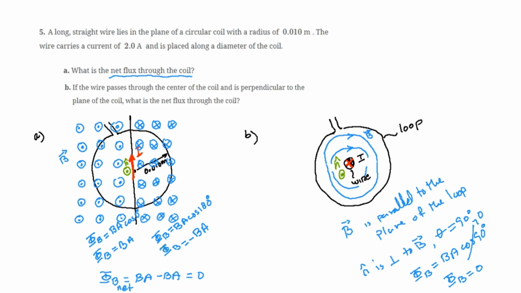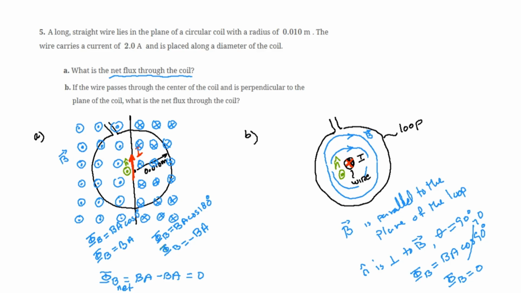If they move the current carrying wire, either to the right or to the left of that diameter, then the net magnetic flux will be different from 0.